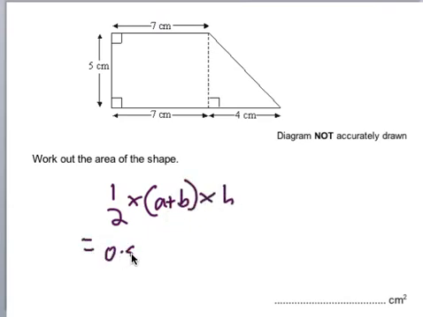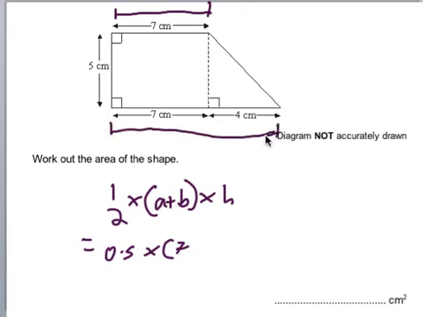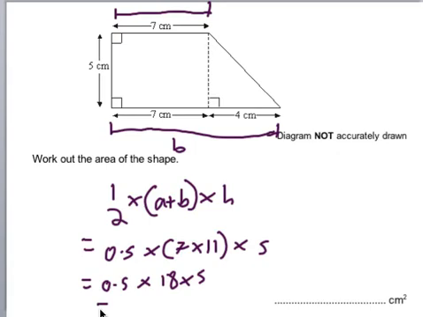In this case, we've got 0.5 multiplied by A, which would be this top distance here, 7 centimeters, plus B, which is the bottom distance, 7 plus 4, which is 11, multiplied by the height, which in this case again is 5, which would leave us with 0.5 multiplied by 7 plus 11, which is 18, multiplied by 5, which again gives us 45 centimeters squared. And I would make sure I put my answer on the number line, 45 centimeters squared.